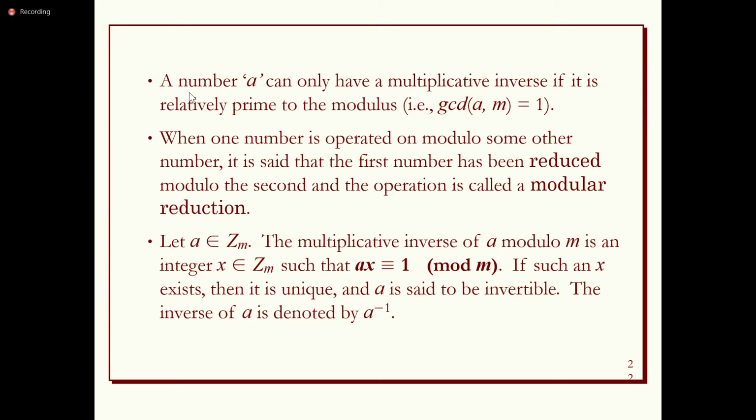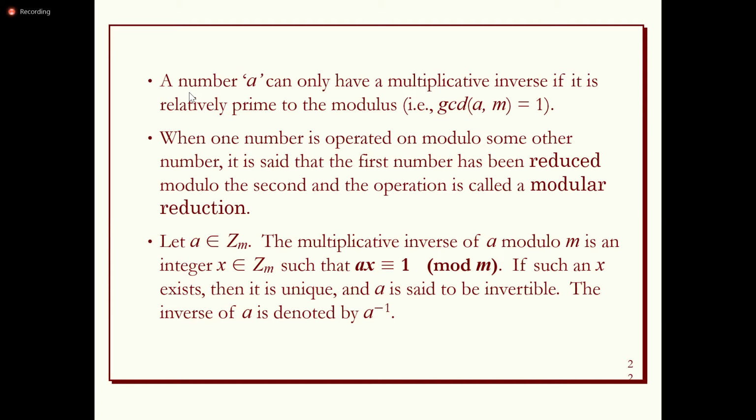First step, before applying the formula, we need to check that the GCD of A and M is equal to 1. A number A can only have a multiplicative inverse if it is relatively prime to the modulus. Means if the two numbers A and M are relatively prime, then only we can say that A has the multiplicative inverse.